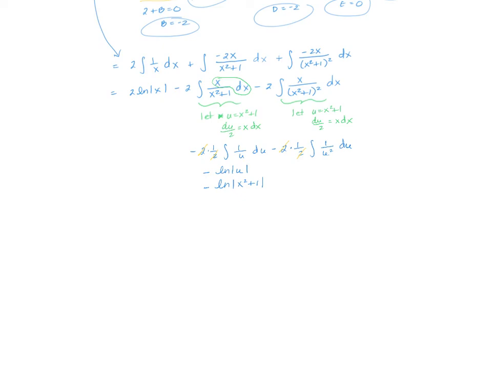That's going to be minus, so remember this is u to the negative 2, which would turn into negative 1 over u. So this will turn into a plus 1 over u, and that'll turn into 1 over x squared plus 1, plus our constant c. Okay, let me bring down this 2 times the natural log absolute value of x.